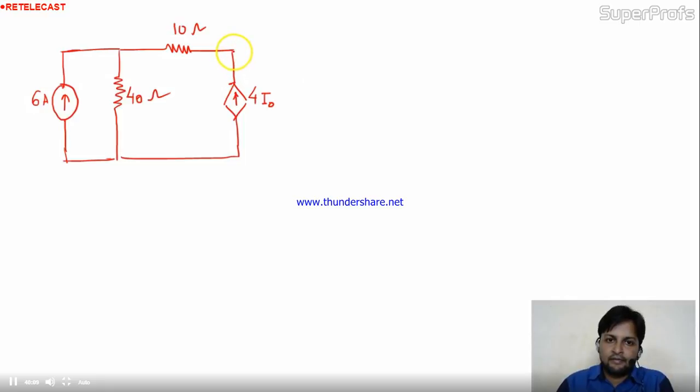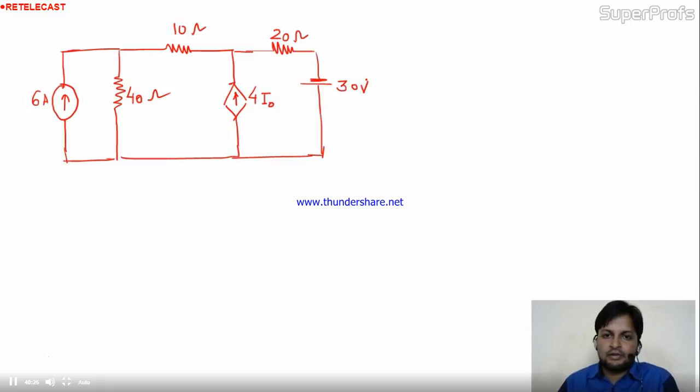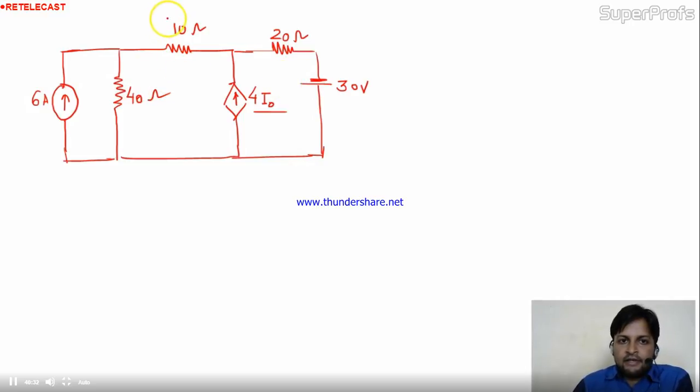And this is connected over here, 20 ohm. And the value of the independent source is given, 30 volt. This dependent source depends on the value of the current given over here in this circuit. And we have to find out this I0 by SPT only.